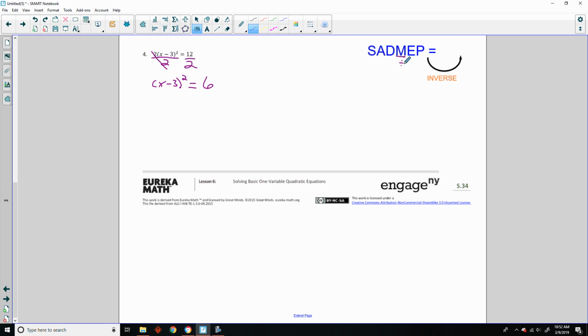Okay, now we have an exponent. The inverse is the square root, so I will take the square root of the left, and I will take the square root of the right. That will leave me with x minus 3, I don't need the parentheses anymore, equals 6, or x minus 3 equals negative 6.